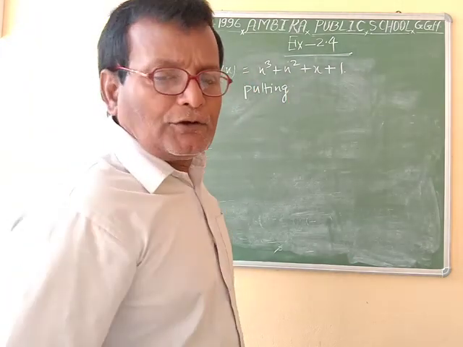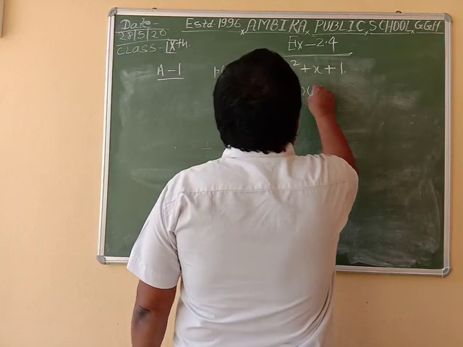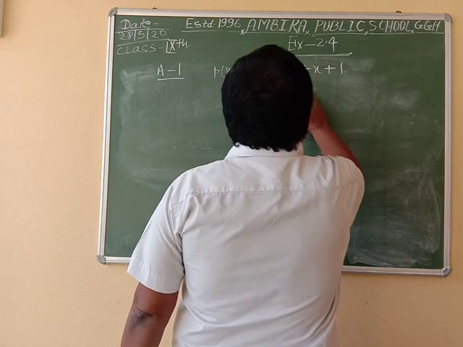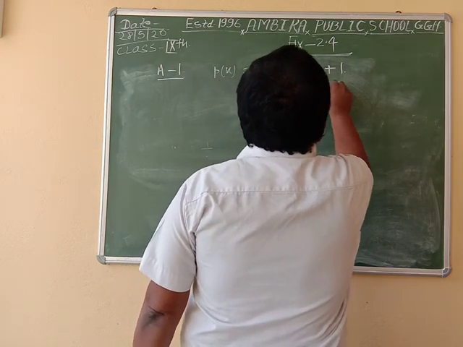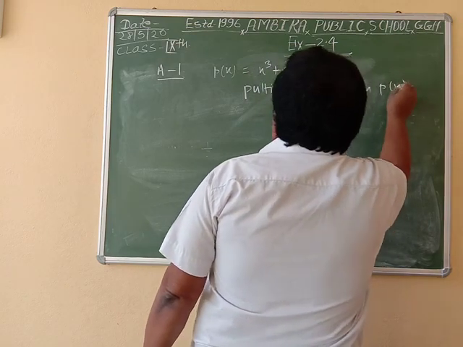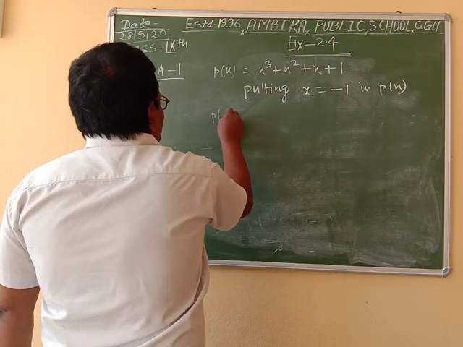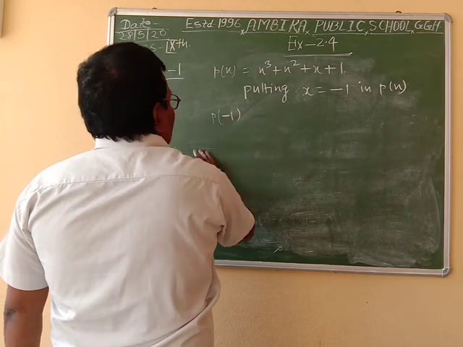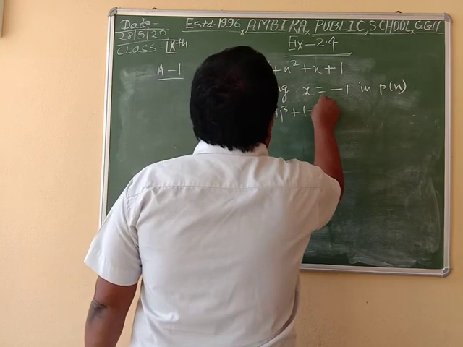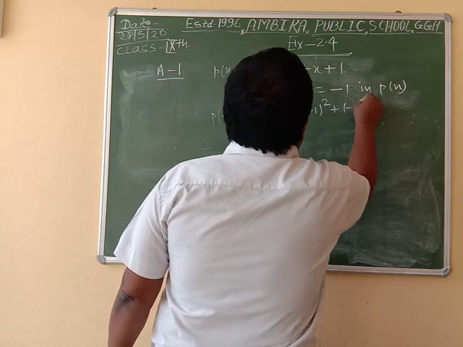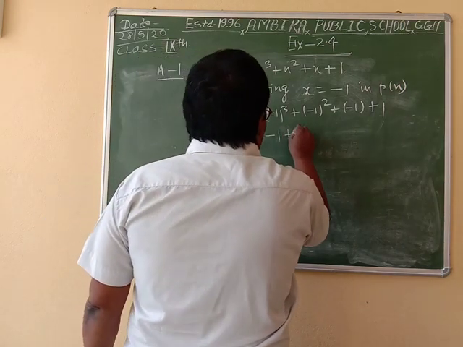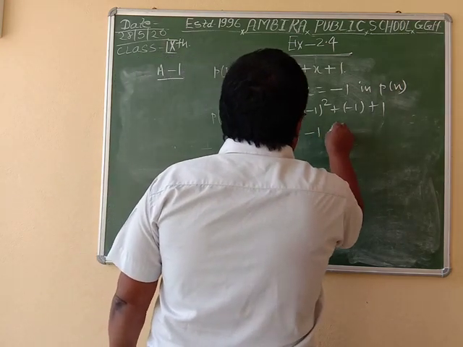Putting x is equal to minus 1 in Px, P of minus 1 is equal to minus 1 cube plus minus 1 square plus minus 1 plus 1, which is equal to minus 1 plus 1 minus 1 plus 1.